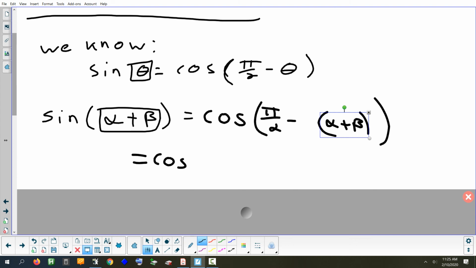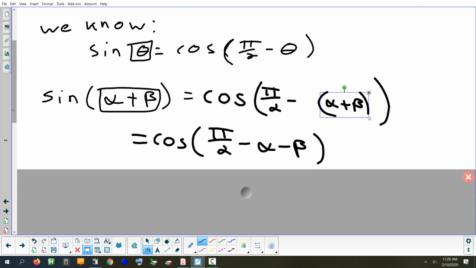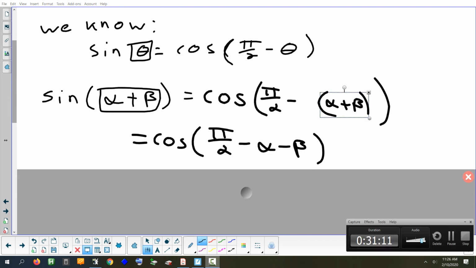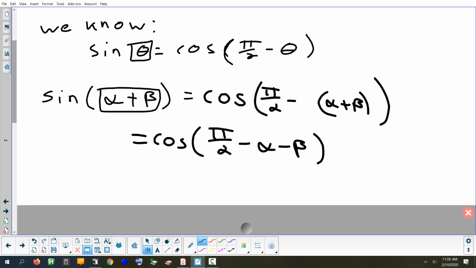Now, what could I do with that minus sign in front of the parentheses? Distribute it. So let's distribute it. And now we have that. Okay, so we're going to look at this as a difference, and I'm going to write it like this.